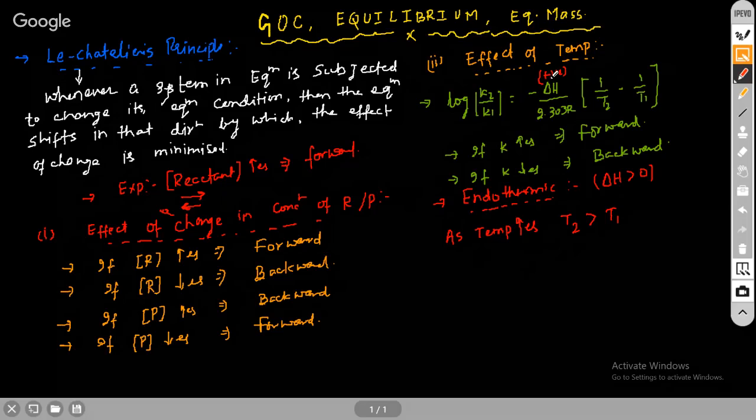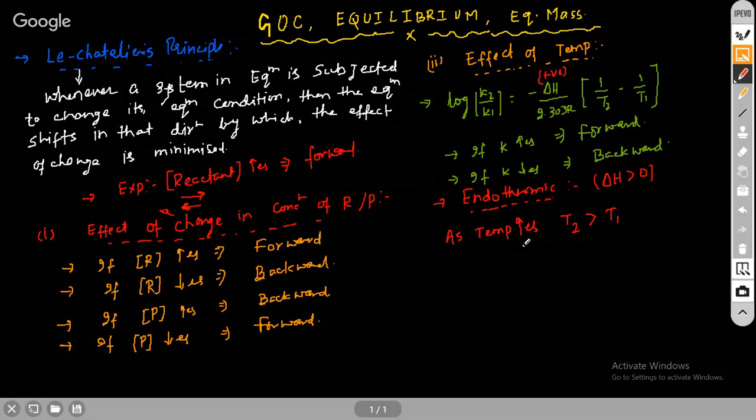In this case, it is negative. Depending on the other term, we can say log K2 by K1 is less than 0 or greater than 0. So the condition I have taken is T2 greater than T1, when temperature increases.